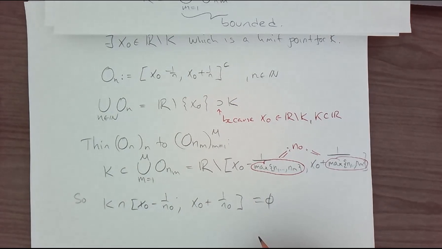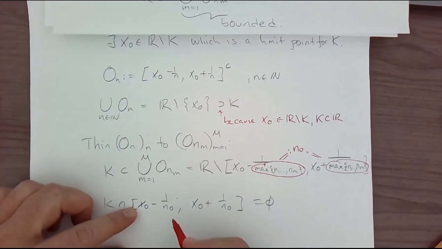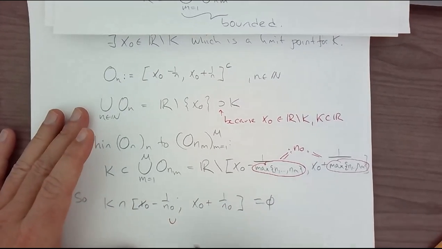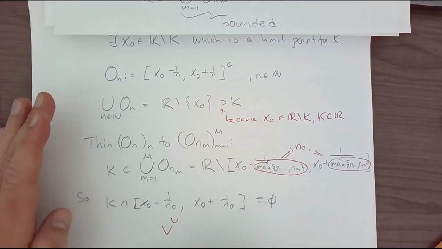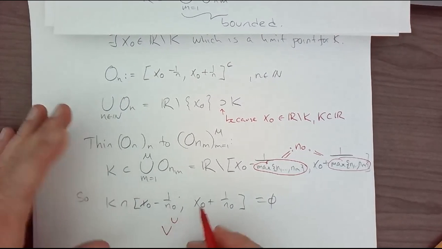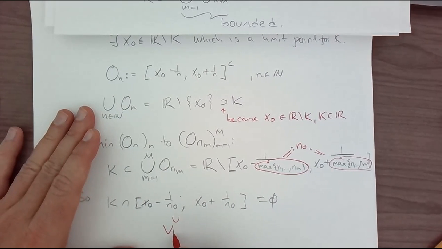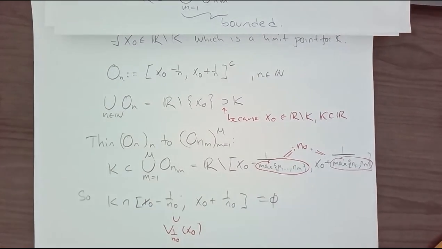But that is not good because what? Inside this open interval, I'll find the open interval V of 1 over n0 centered at x0. So I take the intersection with the big set, I'm empty.